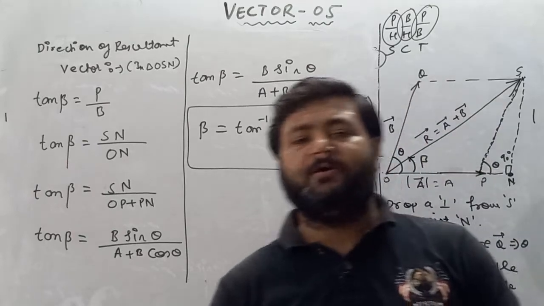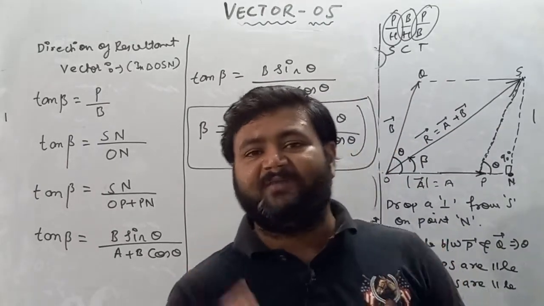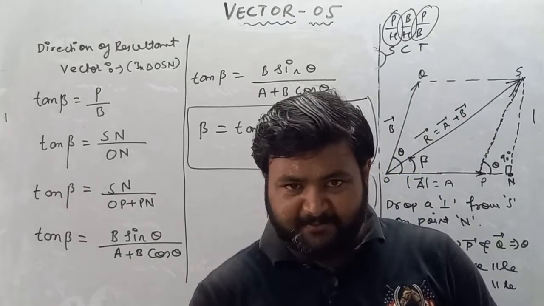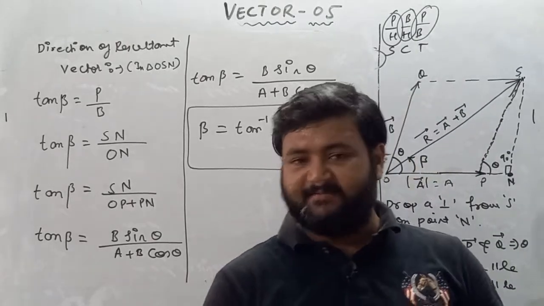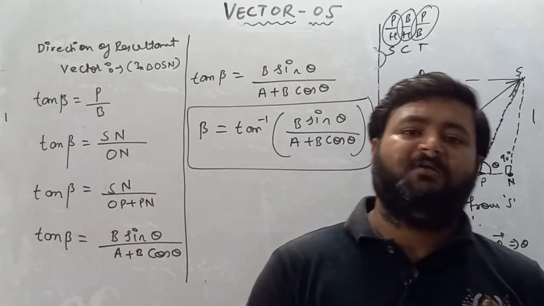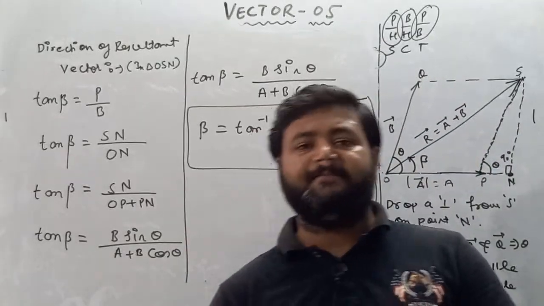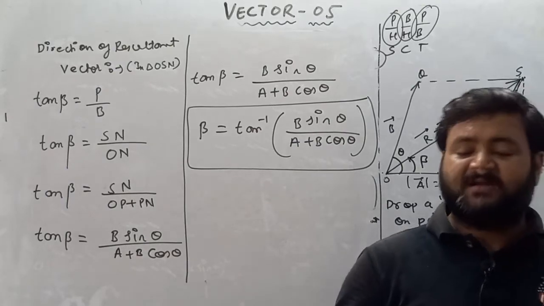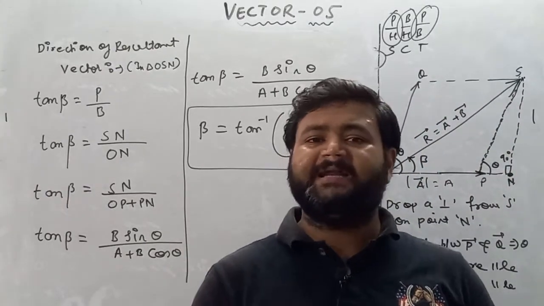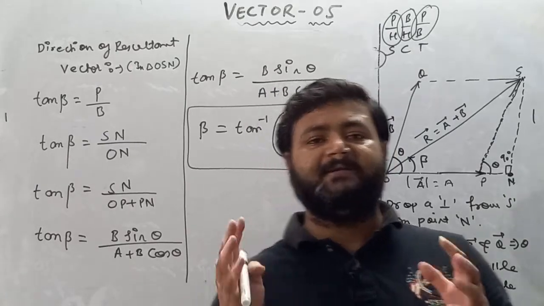I hope you all understand how to find triangle law of vector addition through graphical method and through analytical method. Similarly, how to find parallelogram law of vector addition through graphical method as well as analytical method. Now go through the video again and again so that your concept will be built up.